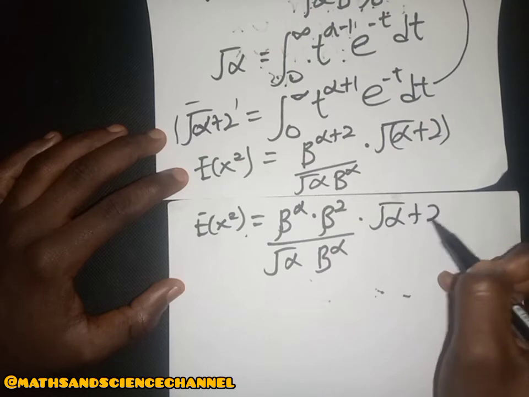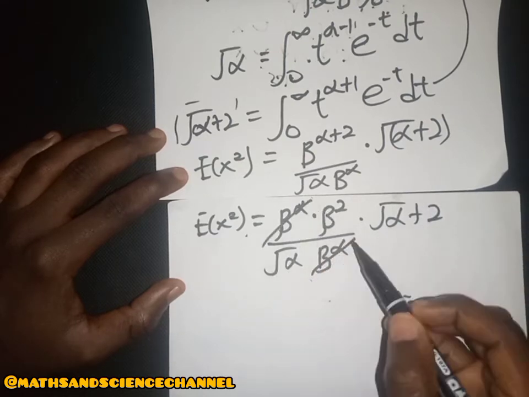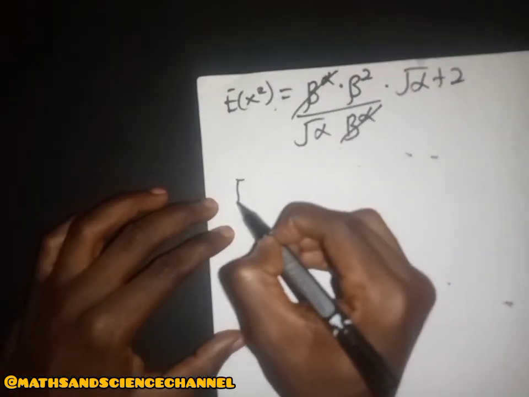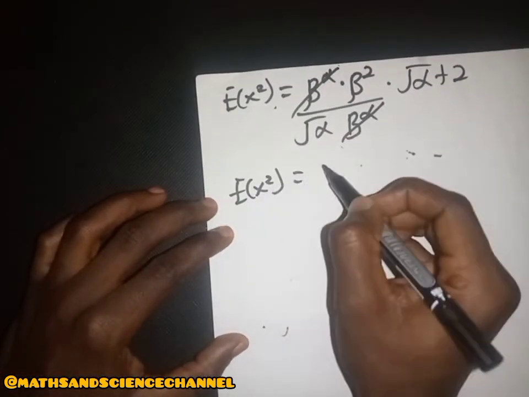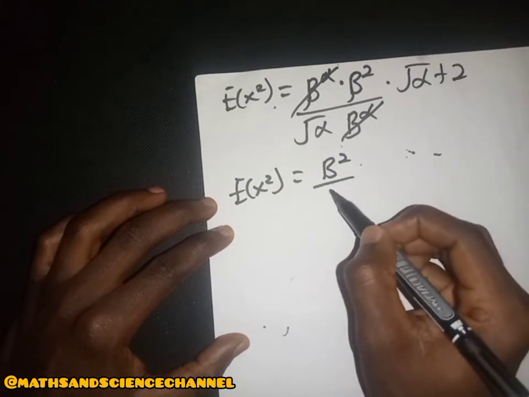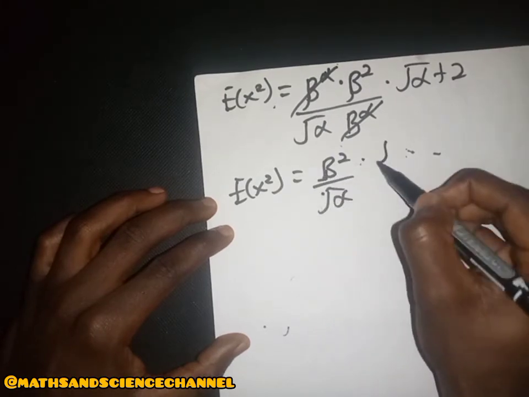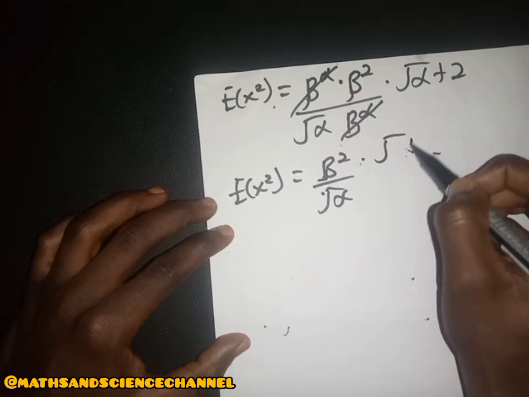So this will get rid of that, and then we have beta squared over the gamma of alpha, multiplied by the gamma of alpha plus 2 here.